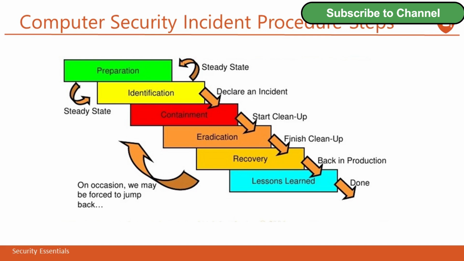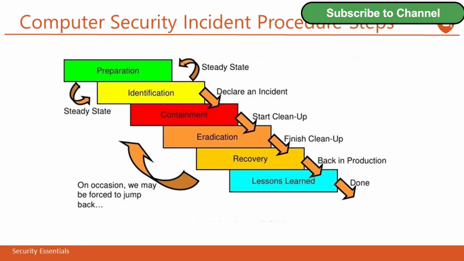First is to prepare. This is the steady state that any organization should be at. When an incident occurs, the first thing that happens is you identify what happened, then containment, eradication, recovery, and lessons learned. And occasionally, in some cases, you may need to go back and redo a step.